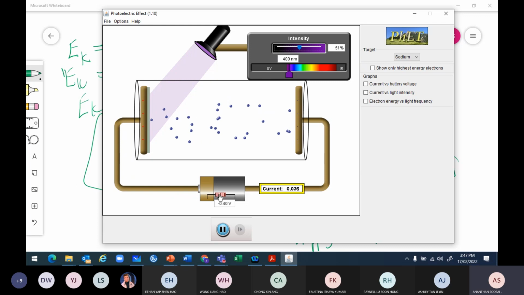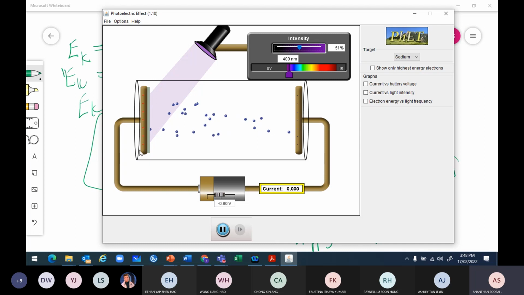We want the voltage where the current for the first time becomes 0, so I have to raise it slowly. -0.6, still there is current. The electron slows down but still has some energy and reaches the wire. I reach -0.8, and at -0.8 the current becomes 0.